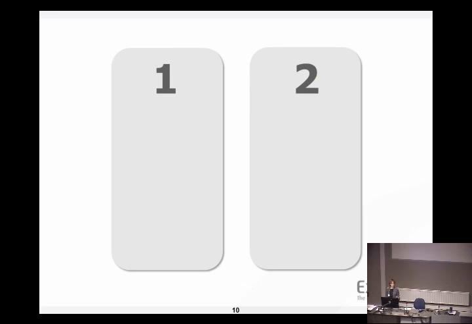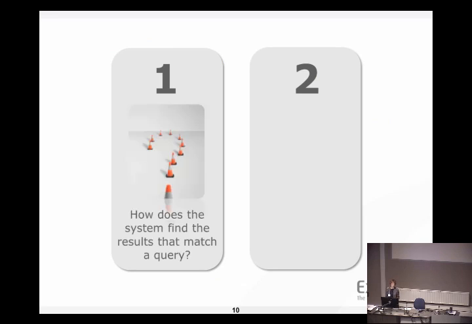So there are 2 stages here when the system needs to address such needs. First of all, how does the system find the results that match the query? And that's one thing. So we have a result list. The result list could be of 10 records, or could be of 3 million records, or anything in between or more.